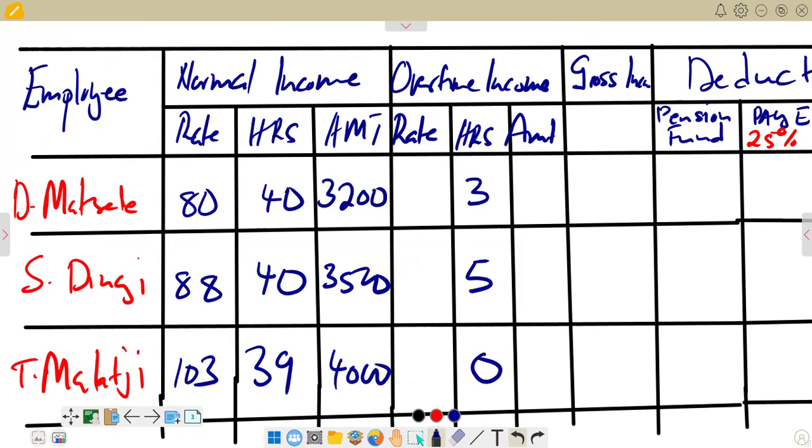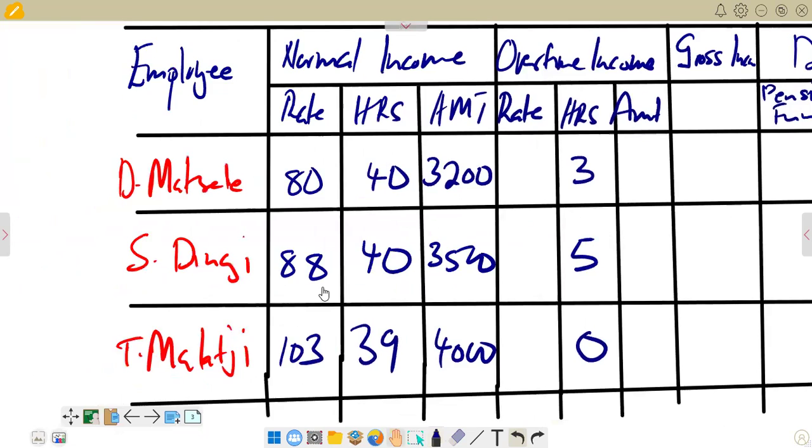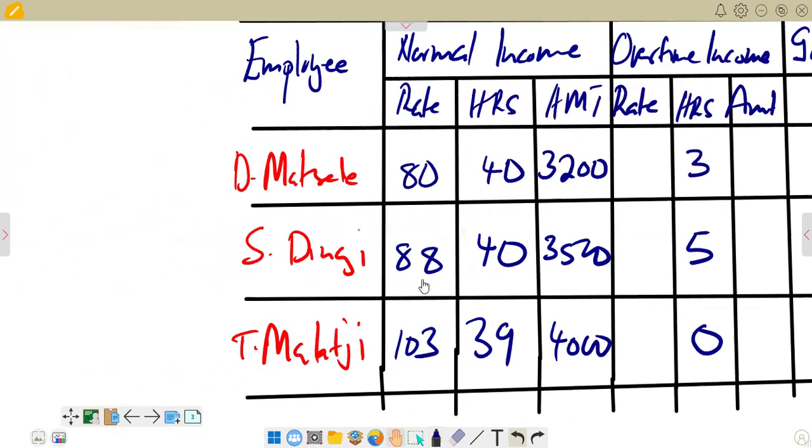So this is what we are going to do. For the first one, we're just going to say our rate is 80. Then we multiply by 1.5. If the result needs rounding, we round off. So the rate that we're going to get there is 120.